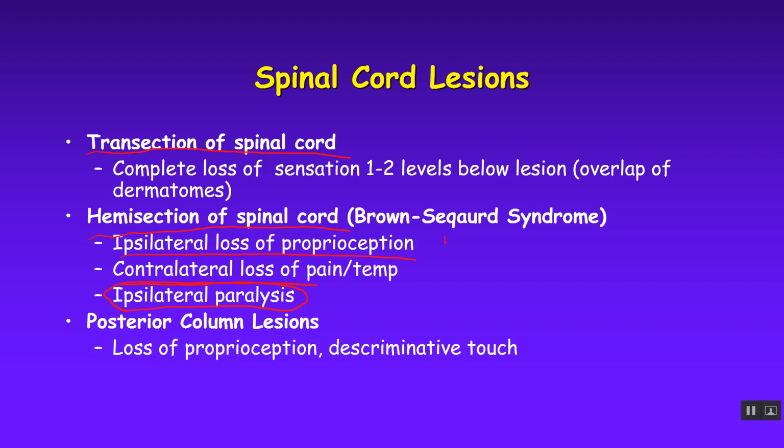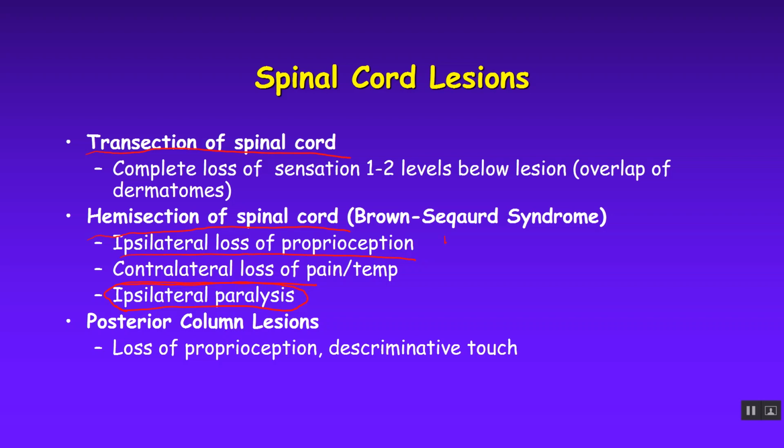So if I have that right-sided lesion on my spinal cord, I'm going to have ipsilateral loss of proprioception. The lesion's on the right, the loss of proprioception is on the right. I'm going to have contralateral loss of pain and temperature, because pain and temperature is coming in, it's getting blocked from here, so it's contralateral to the lesion. The lesion's on the right, so my loss of pain and temperature is on the left, contralateral.